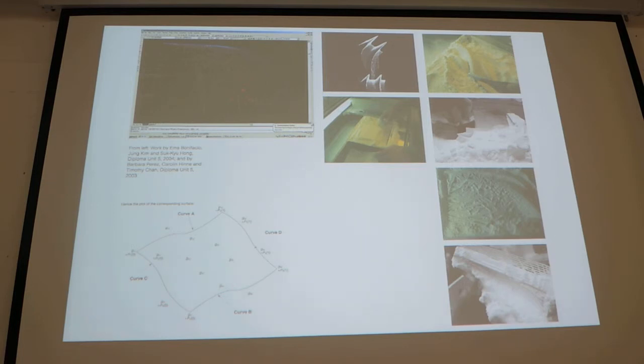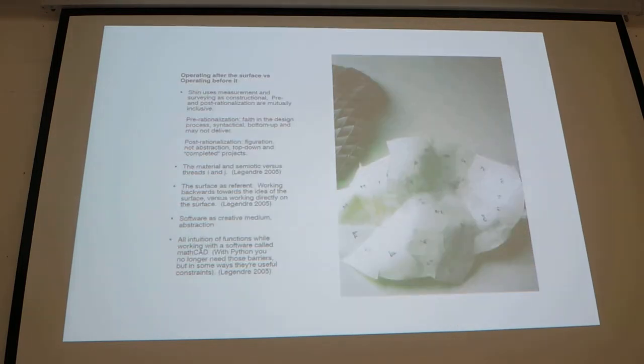And Legendre believes that the digital platforms are a medium in the very same way that things like plaster and concrete, wood, etc. are, and they have particular influences on the outcome of form making.